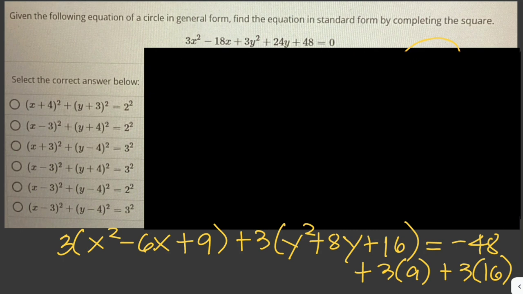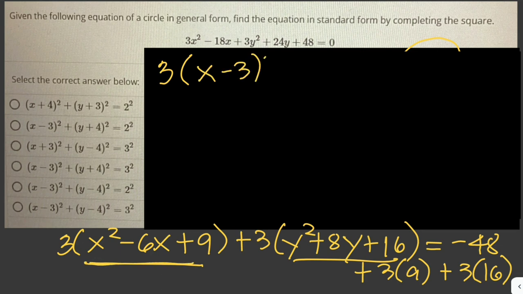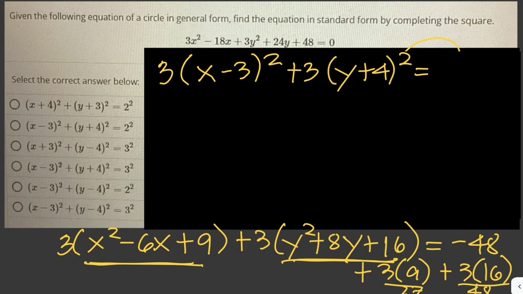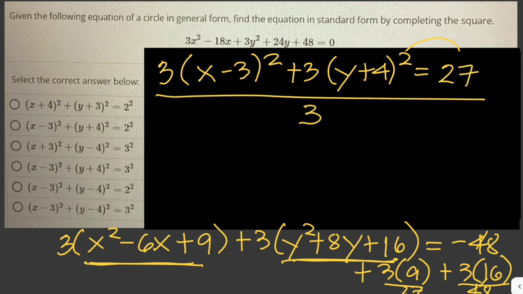Okay, now we can write this one and this one as 3 times x minus 3 squared plus 3 times y plus 4 squared, and then negative 48 plus 27 plus 48. 16 times 3 is 48. So negative 48 plus 27 plus 48 is just 27. And then we divide both sides by 3.